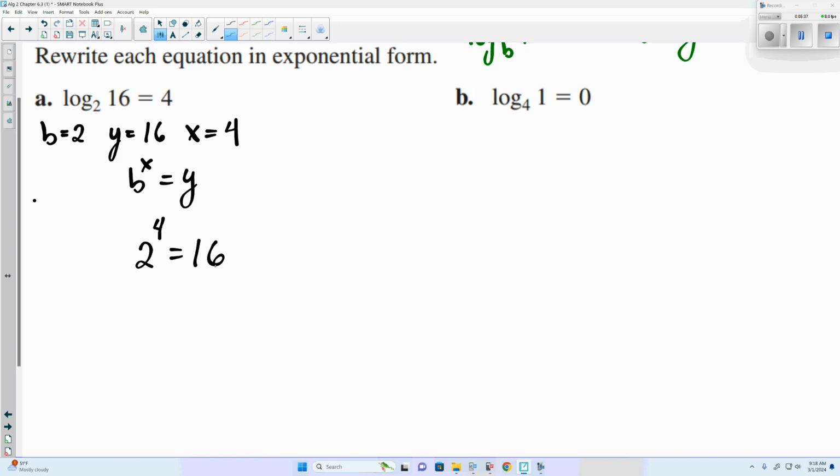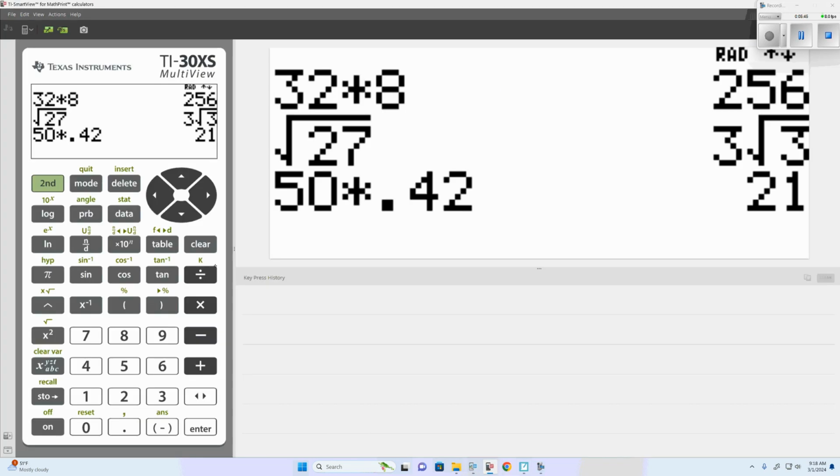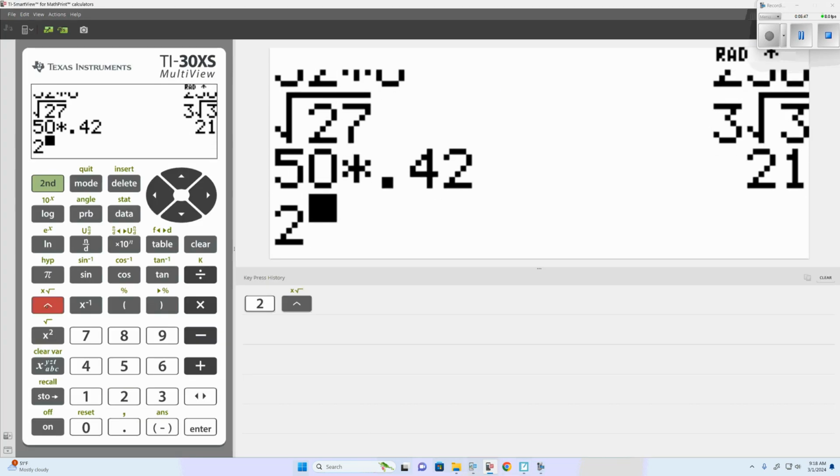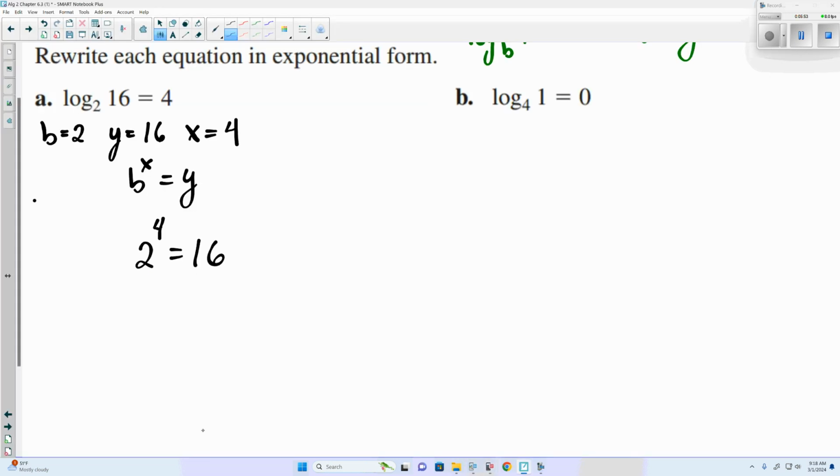So we replace b and x, so 2 to the 4th equals 16. Can I calculate 2 to the 4th power? Yeah. And that's one thing that's nice, I can grab a calculator and check. That's what our equation is set up as, yes? So we have it set up correctly. That is the exponential.